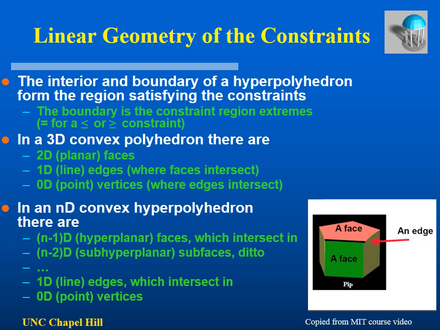In 3D, what this means is you have a convex polyhedron, and you can understand that a convex polyhedron has 2D faces, planar faces. A plane is a two-dimensional entity.